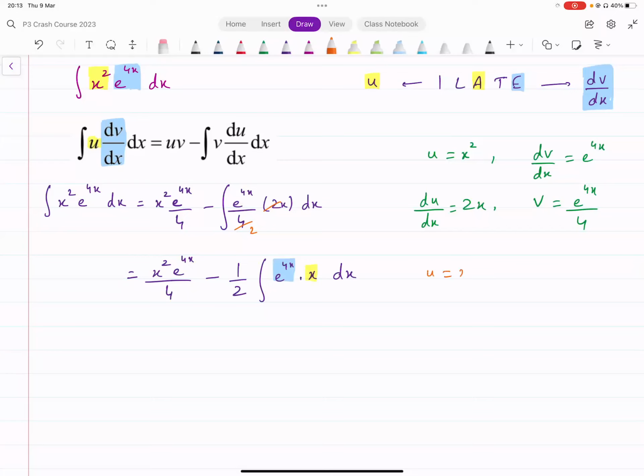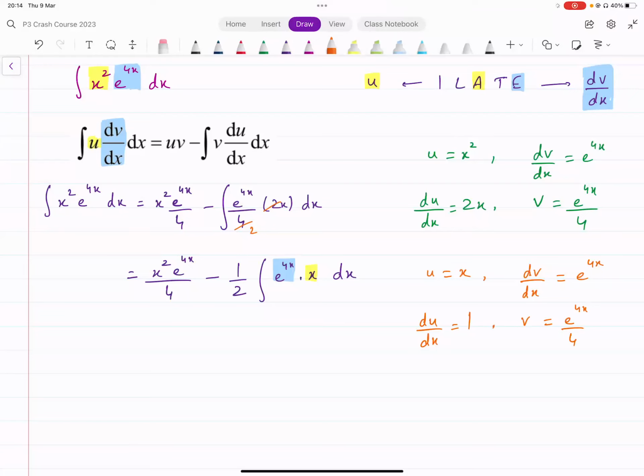U should be x and dv over dx here, and the second integration, that should be e power 4x. All right. Now, what's the derivative of u, du over dx? That would be 1. Derivative is just 1. What about the integral of e power 4x? That would be e power 4x divided by 4.